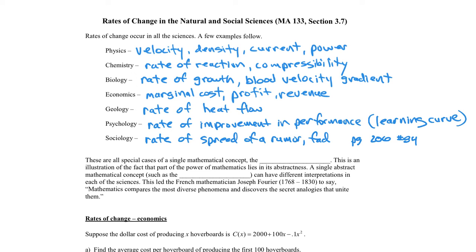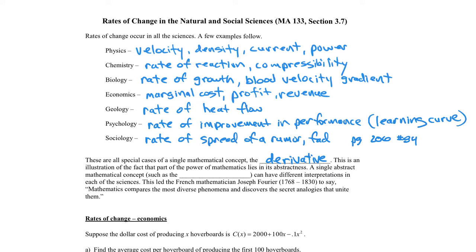So anyway, these are all just special cases of a single mathematical concept, the derivative. A derivative is a rate of change. The geometric equivalent is the slope of a line, like we saw when we were first defining the derivative. We defined it as an instantaneous rate of change, which geometrically appears, when you're comparing two variables like on the xy plane, as the slope of a line.